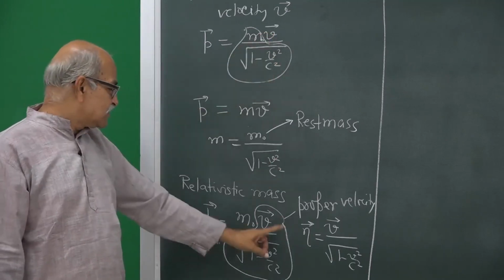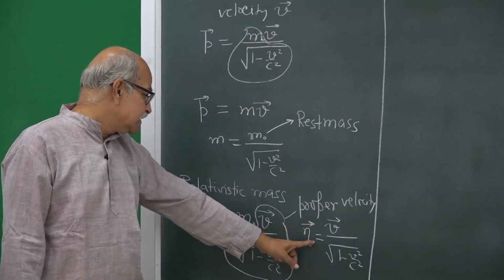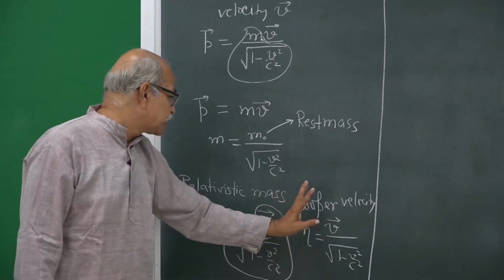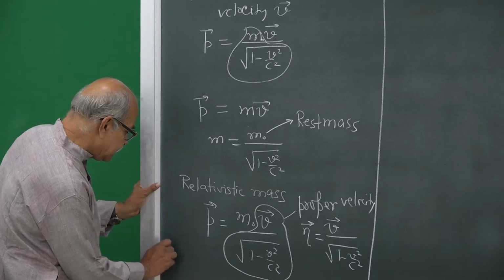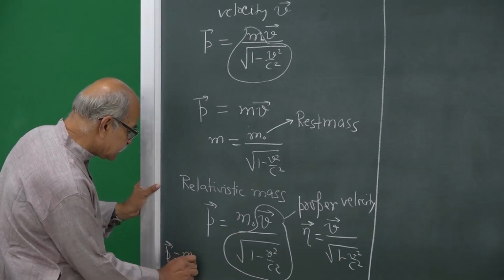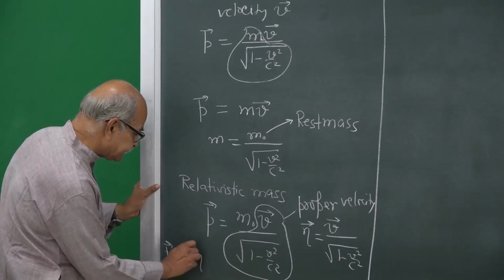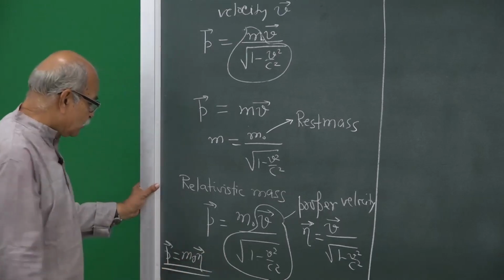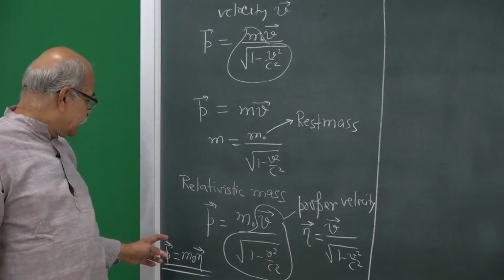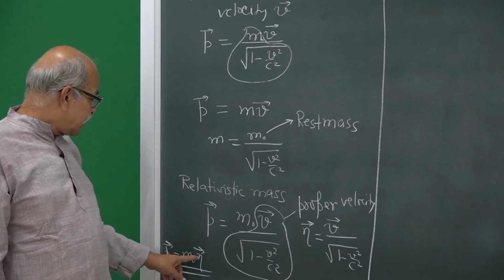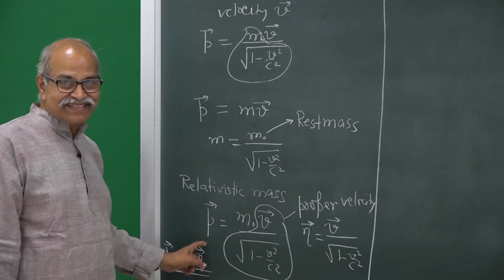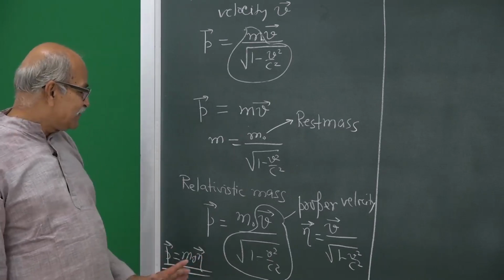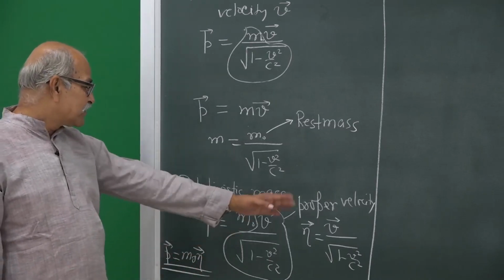If you absorb this factor with the velocity and say that we will be using proper velocity, then also you have the same relation, P is equal to mass times velocity. So, this is another way to preserve our definition. Linear momentum is mass times velocity, but this velocity is not the ordinary velocity. This velocity is something different and it is called proper velocity.